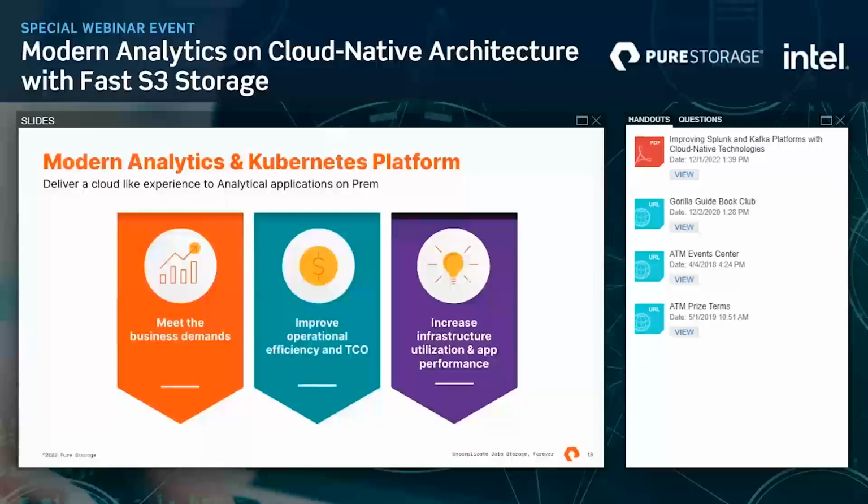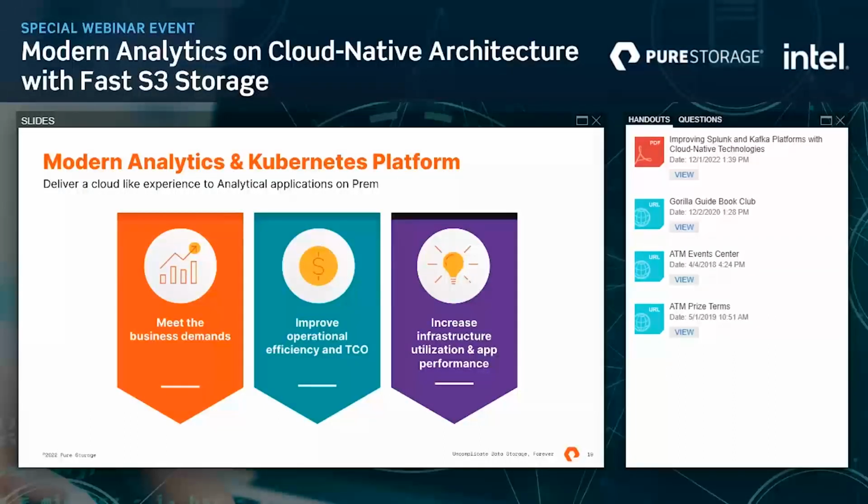As we look to finish this today, I want to ask you to remember a few key things. Pure is bringing you a cloud-like experience to analytic applications on-prem. This enables you to meet the business demands and take on more data with relatively consistent time to insight.